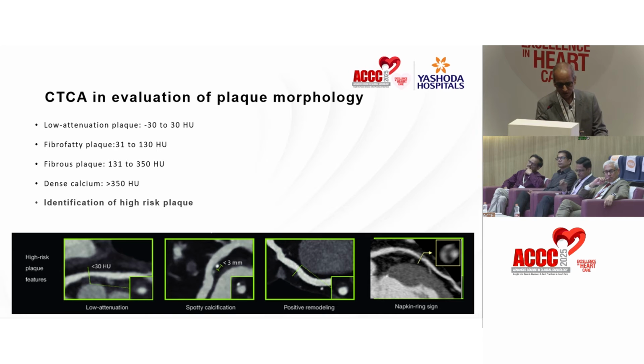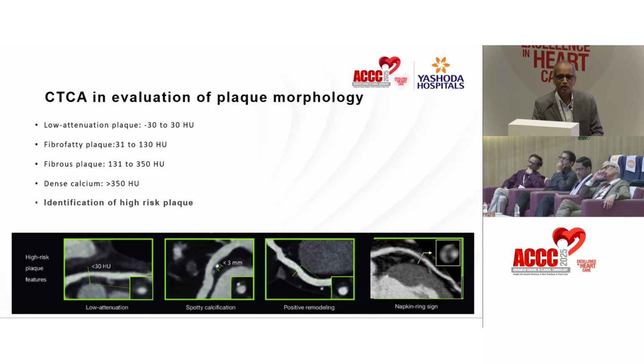So we have high-risk plaque features. Low attenuation plaque, a plaque which has less than 30 HU in density; a calcium which is spotty in nature, such as this; or a positive remodeling where the arterial diameter is more than 10% of the adjacent normal artery; or a napkin-ring sign, which is a crescentic area of low density, or a necrotic lipid core with a thin wall.